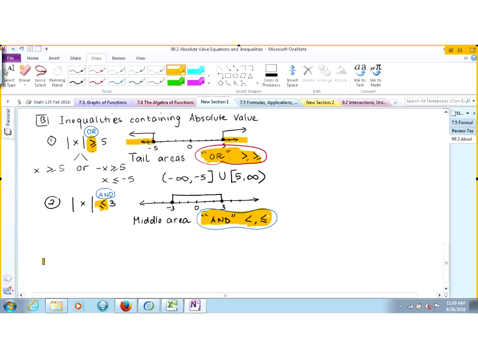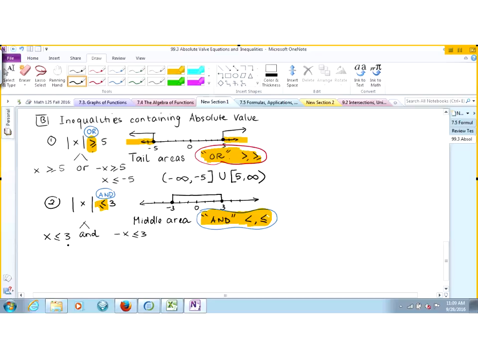Alright. So now, let's see. Oh yeah, let's finish this. Oh, I'm sorry. Yes, you finished it. What do we do? So this is an N or? N. Alright. So what is this? x and negative x less than or equal to 3.